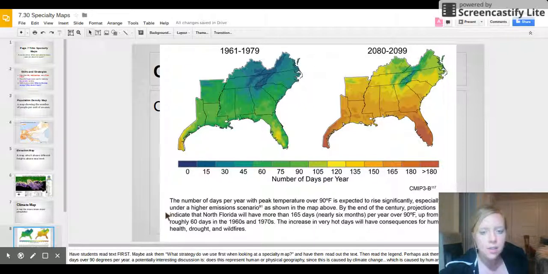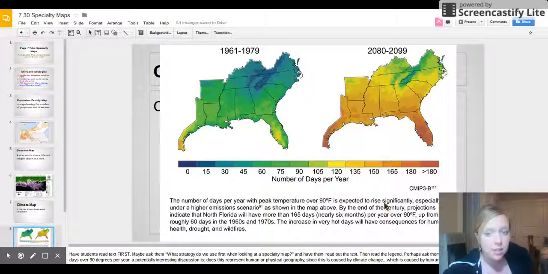Let's go down and look at our text first. It says number of days per year, and there's up to 180. Then here it says the number of days per year with peak temperature over 90 degrees Fahrenheit is expected to rise significantly, especially under a higher emissions scenario, as shown in the map above.